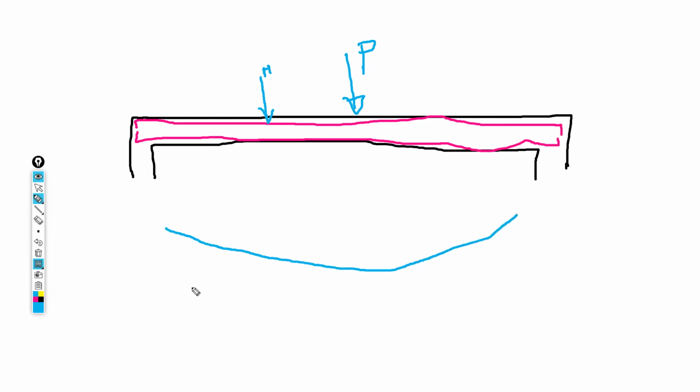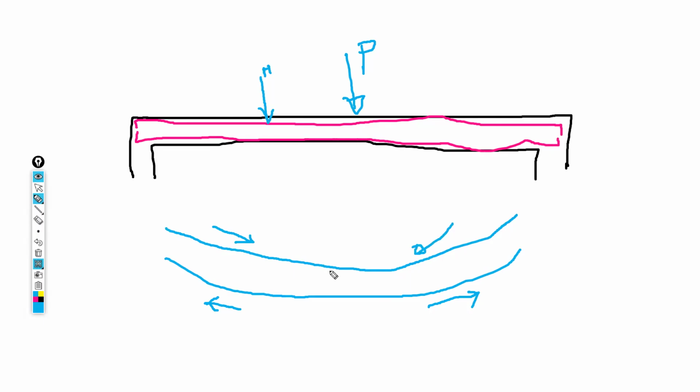Actually, this is the compression zone, and this is the tension zone down. So the hanger bars are in the compression zone. At this point here, it will be like this. So the hanger bars are in this region here.